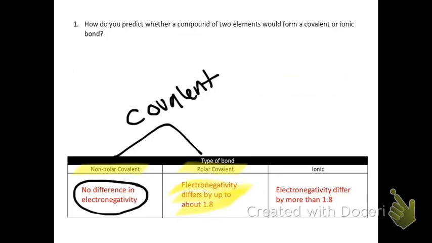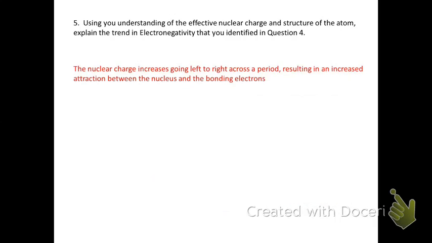But if there is a difference between electronegative values, then we will consider it a polar covalent. So just make note of that. Keep that in mind as we go into future lectures. But if the difference is greater than 1.8, then it's going to definitely be ionic.